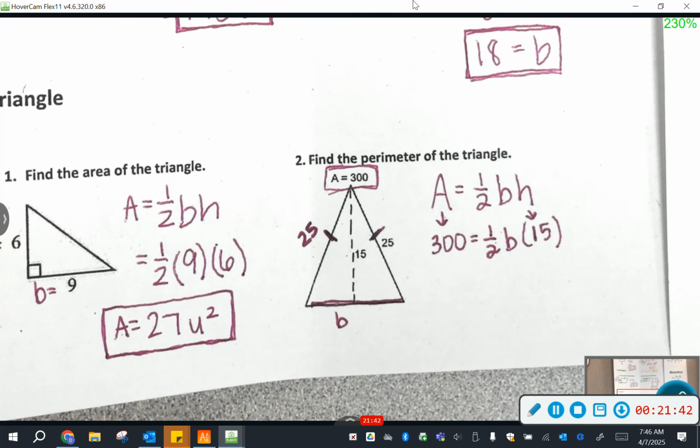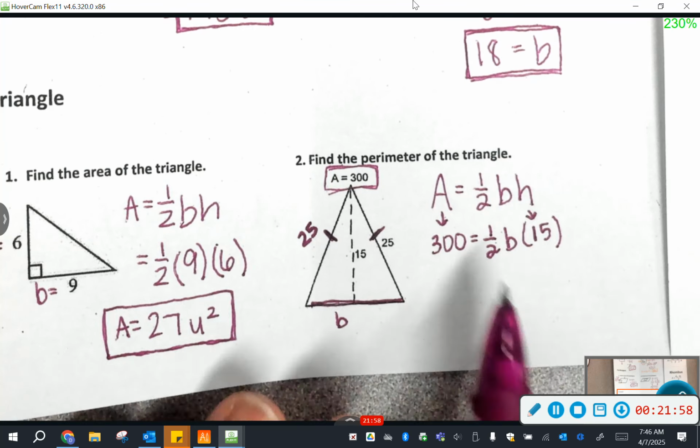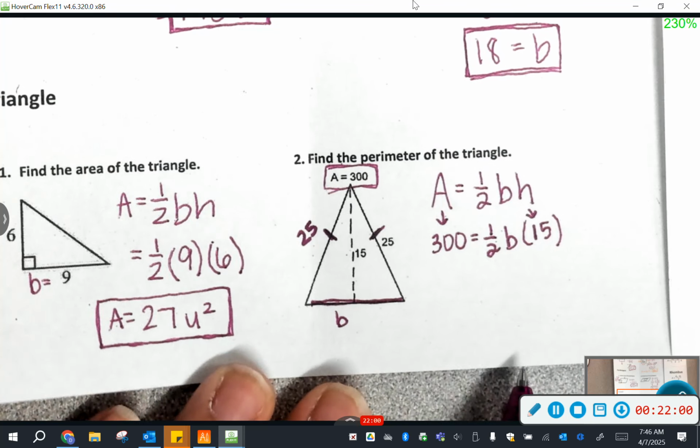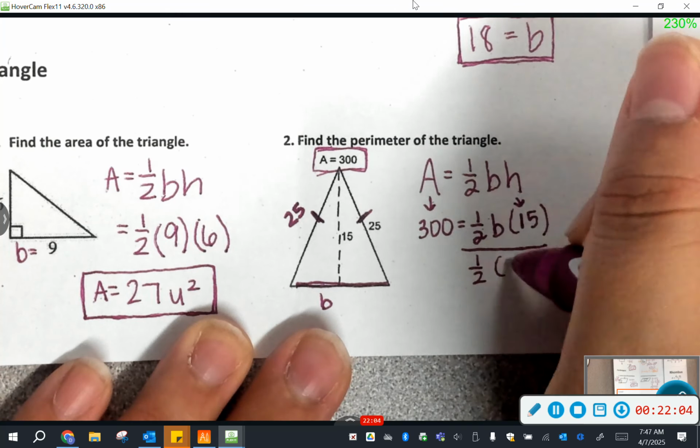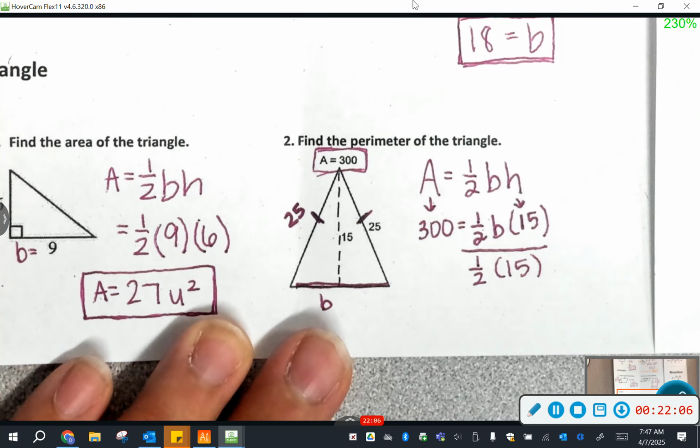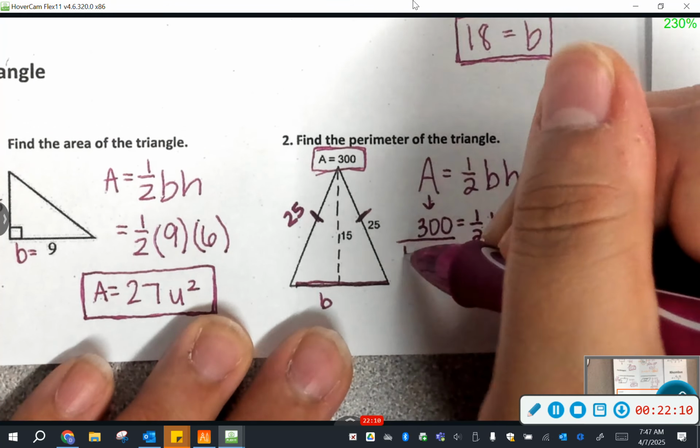Alexa, you with me over there? You with me? Okay. How do I get the B by itself? What am I going to do? So you could do two things. You could actually multiply 15 by 1/2 and then divide it, or I can just divide it right now. And what you do to one side, you do to the other.